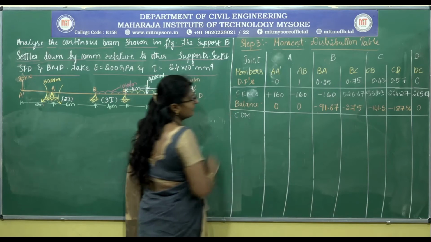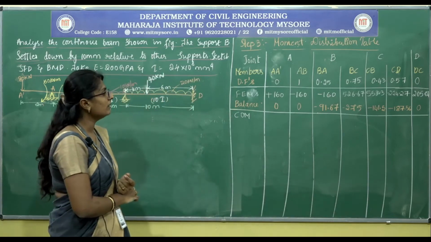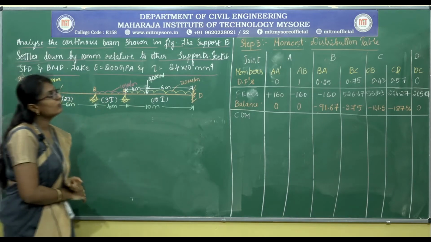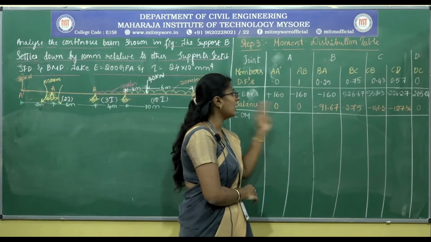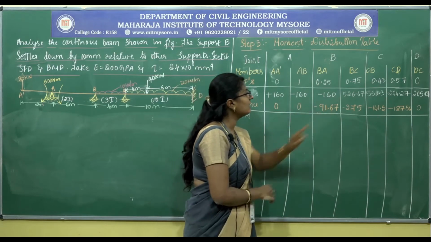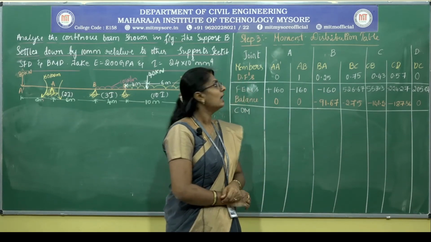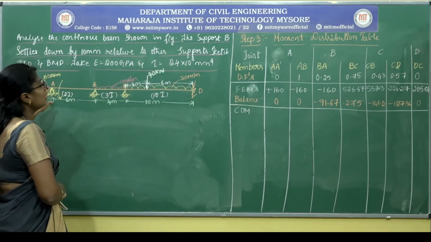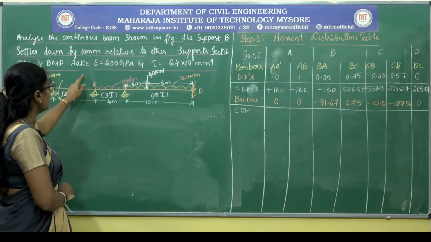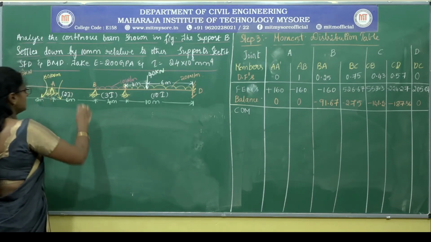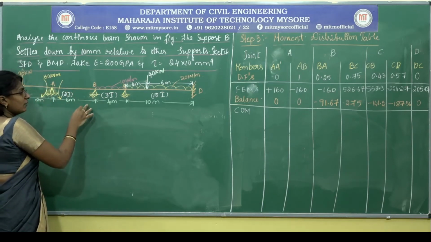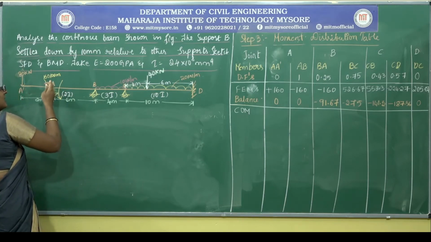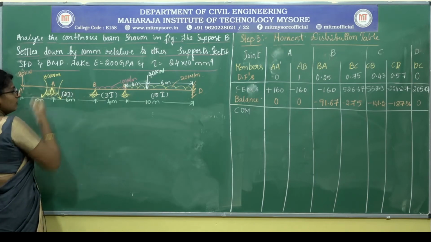Carry over moment. So the carry over moment is to be considered for each joint. So for joint A there is no moment to carry. We can directly go for joint B. At joint B, towards span BA, the applied moment is minus 91.67. When it is transferred to the other side, if it is fixed, it will be half of the moment.